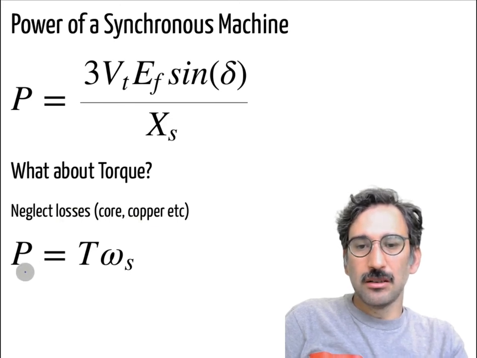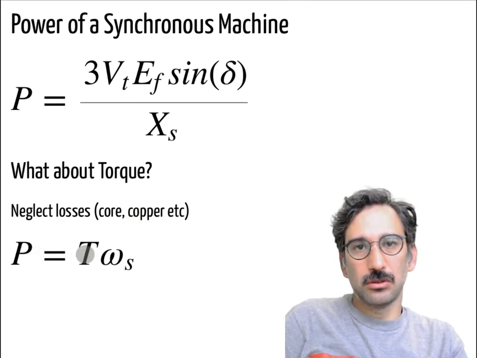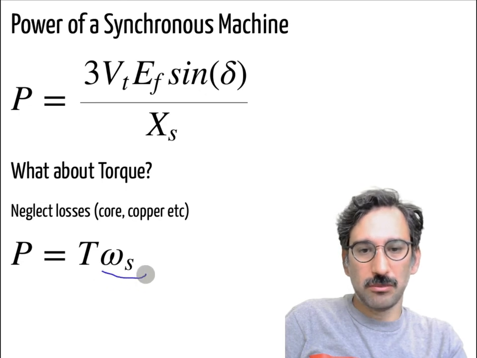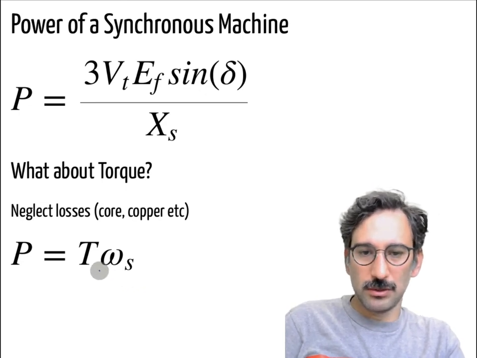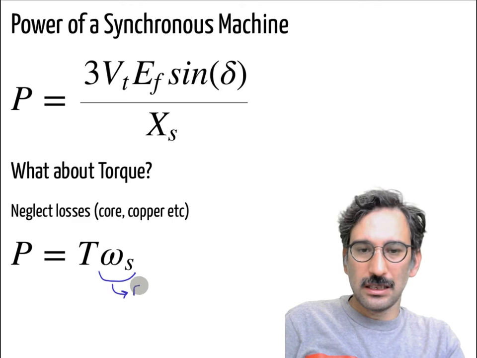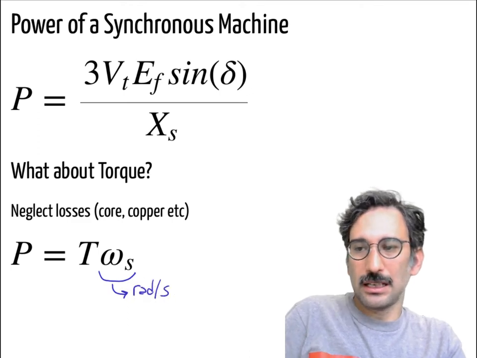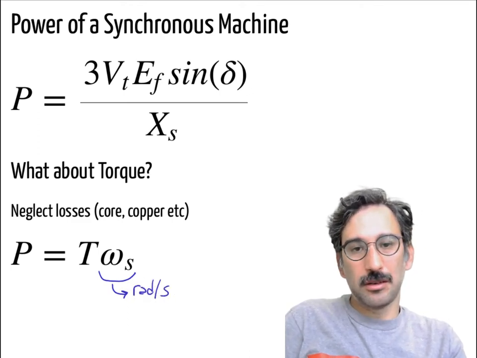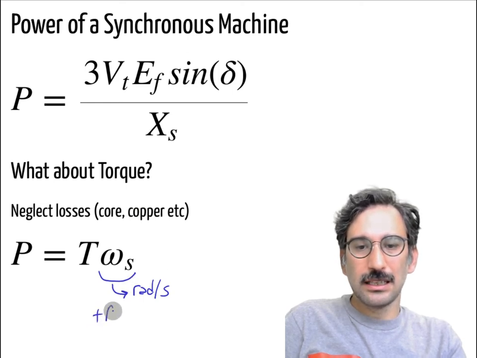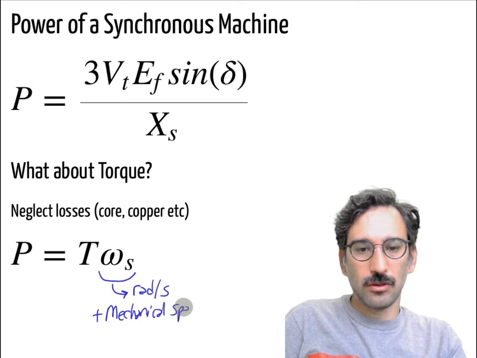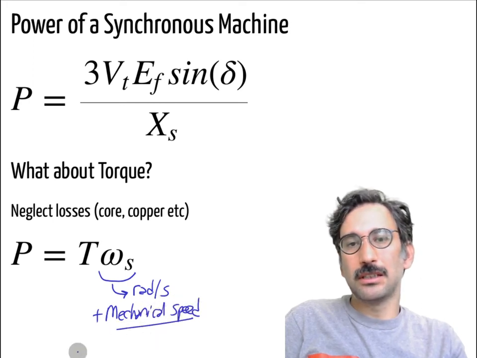In the ideal model, power is equal to torque times rotational speed. Don't make these mistakes: first of all, the speed is in radians per second, not RPM or hertz, and secondly, it is the mechanical speed. Don't forget about that.